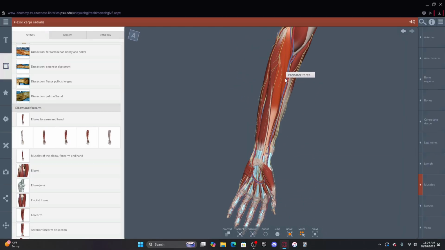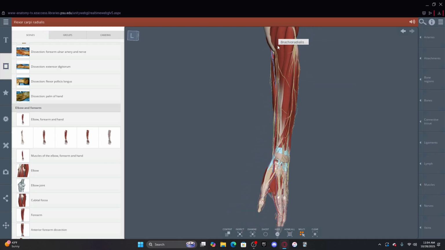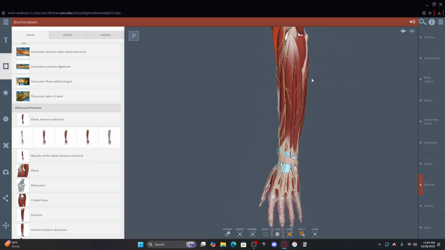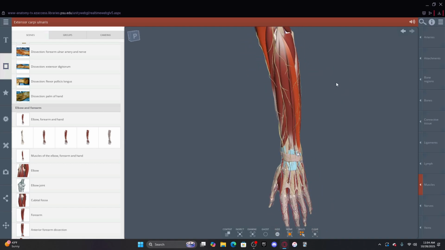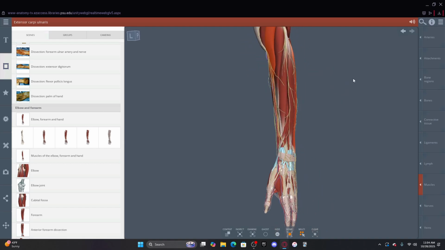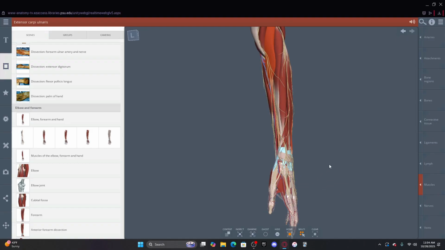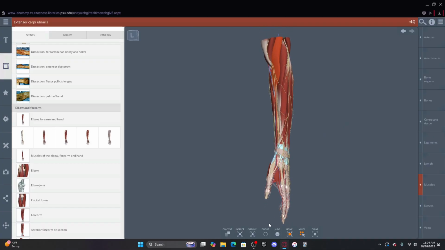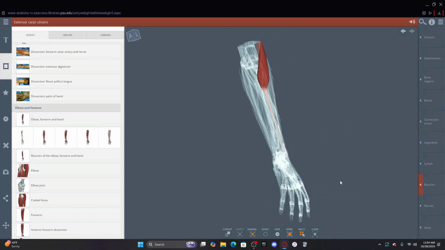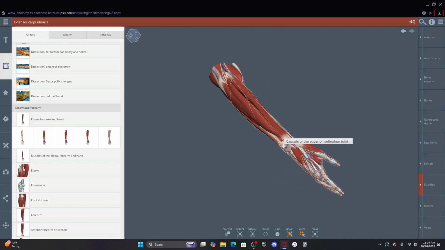So the posterior compartment, like I said, starts at brachioradialis, and it goes all the way to extensor carpi ulnaris. So we have brachioradialis here. Let's start with that being the first muscle, right? So if I examine that, let me select the radius and the ulna.